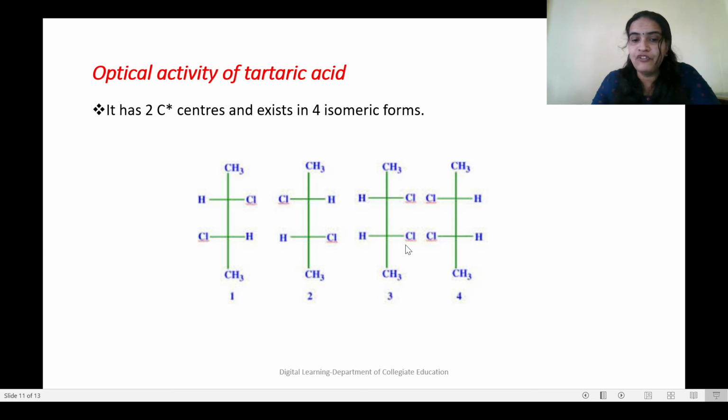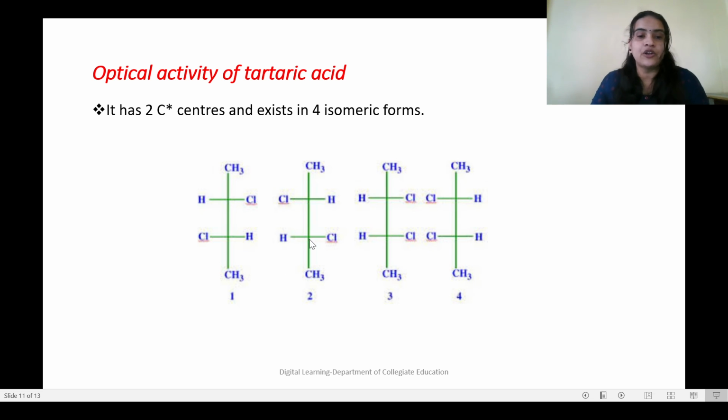This is applicable for 3 and 4. Whereas in 1 and 2, both carbons are R in 1 and both carbons are S in 2.